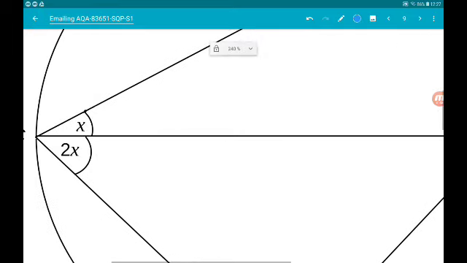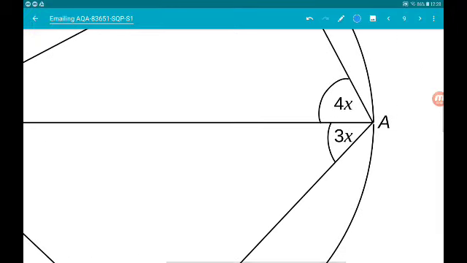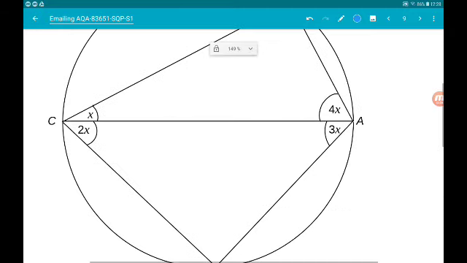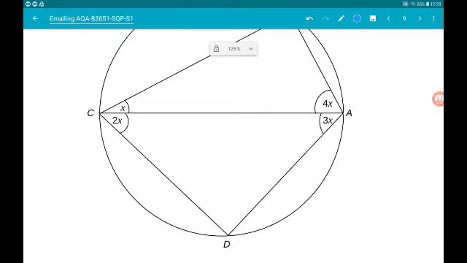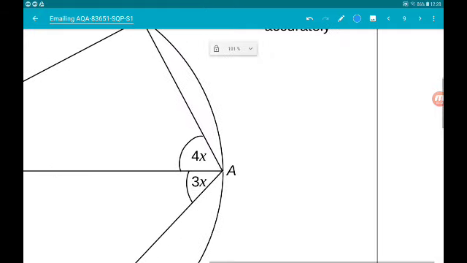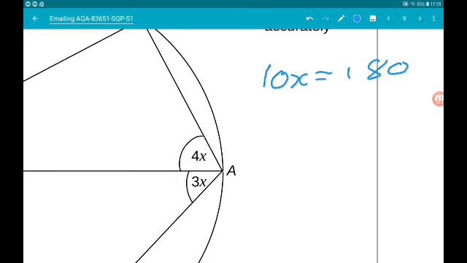So we know that x add 2x, add 4x, add 3x equals 180. So altogether we've got 10x. So 10x is equal to 180. Therefore x equals 18.